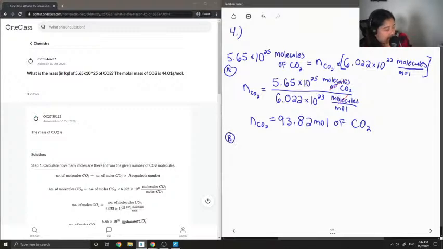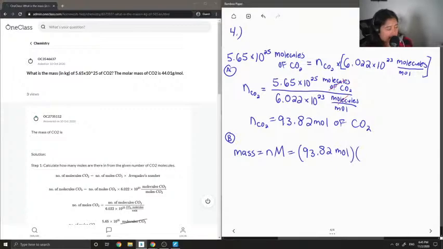The second part, we need to calculate mass. Everyone's favorite equation is mass is equal to the number of moles times the molar mass. We figured out our number of moles in the previous step, it was 93.82 moles.